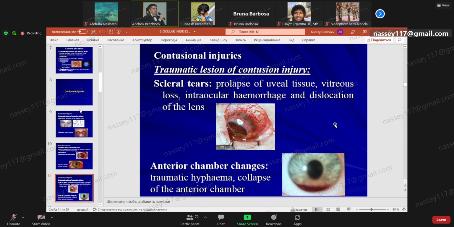In case of presence of blood in the anterior chamber, our tactics depend on the amount of blood.